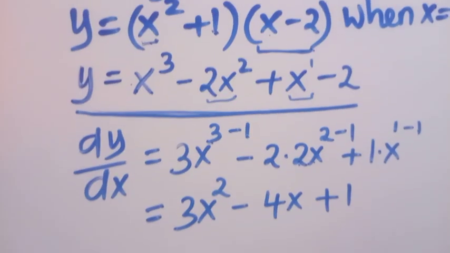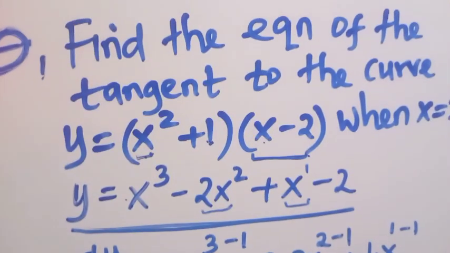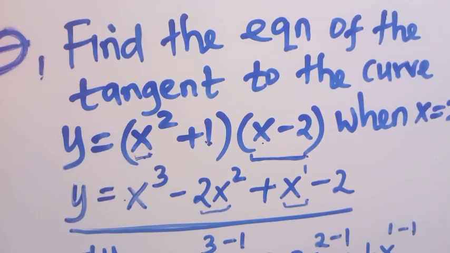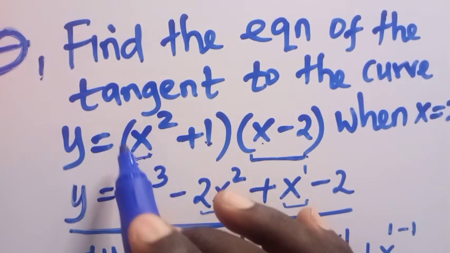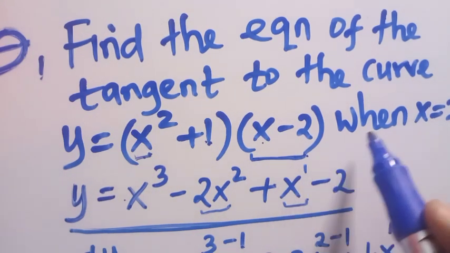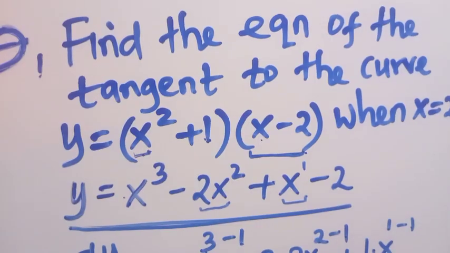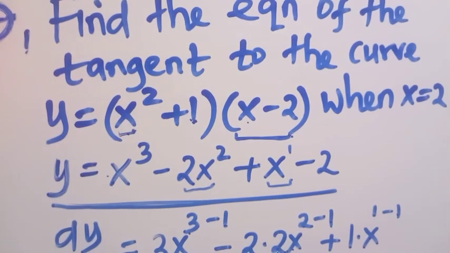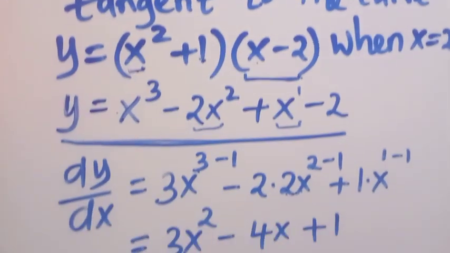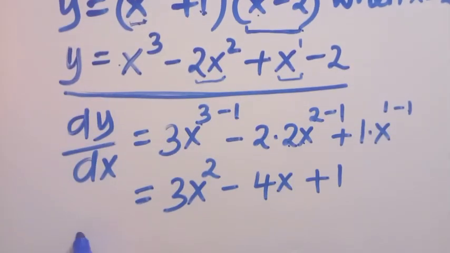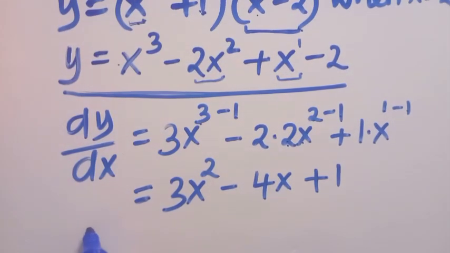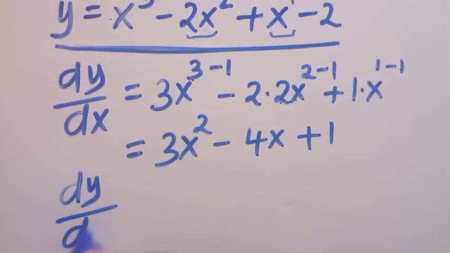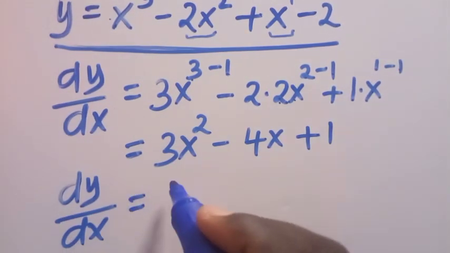Now, let us have a look at our question. Find the equation of the tangent to the curve y equals the whole of this when x equals 2. Now, we need to obtain the gradient when x equals 2.